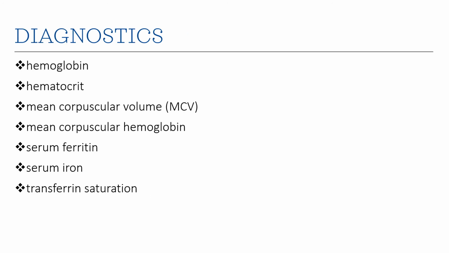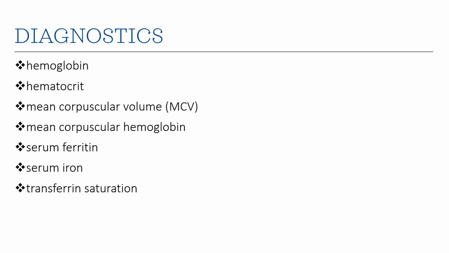So when we look at the diagnostics, a lot of it is self-explanatory. If we're going to try to diagnose iron deficiency anemia because your patient is now symptomatic, a couple of things we look at are the hemoglobin level, obviously, and the patient's hematocrit levels as well. Their mean corpuscular volume, or MCV.